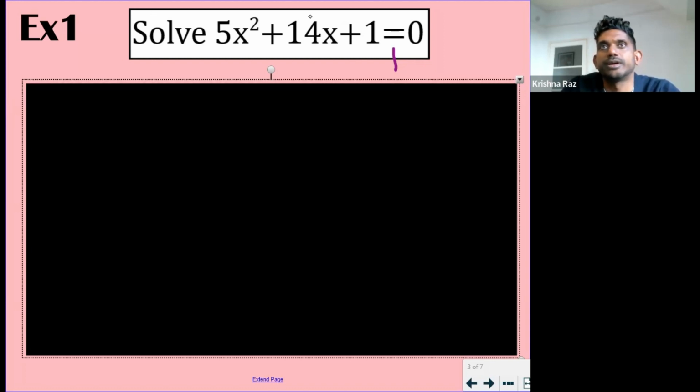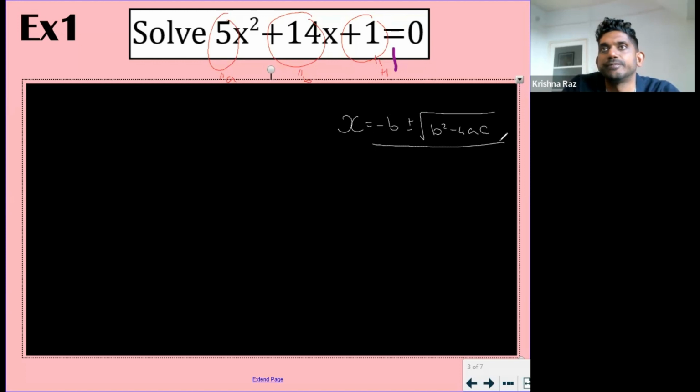So we know that a is going to be 5, b is going to be 14, and c is going to be plus 1. If I write down the formula, x equals minus b plus or minus the square root of b squared minus 4ac all over 2a, where a equals 5, b equals 14, c equals 1.